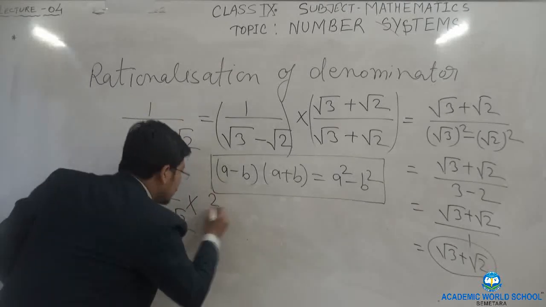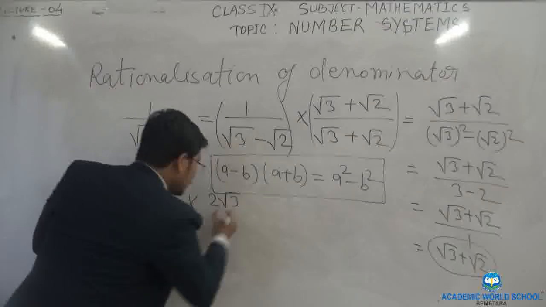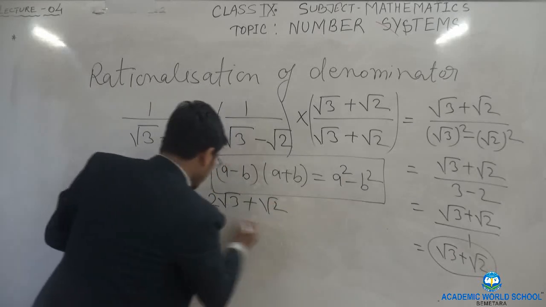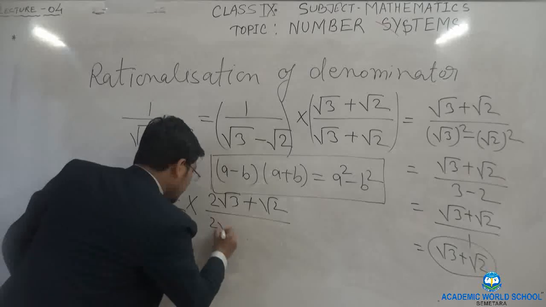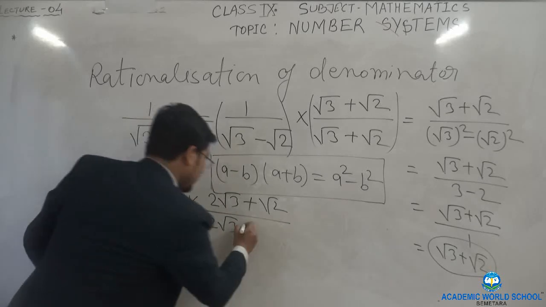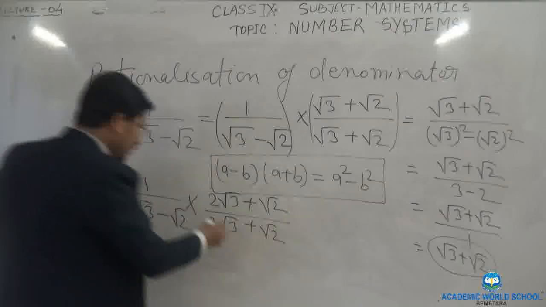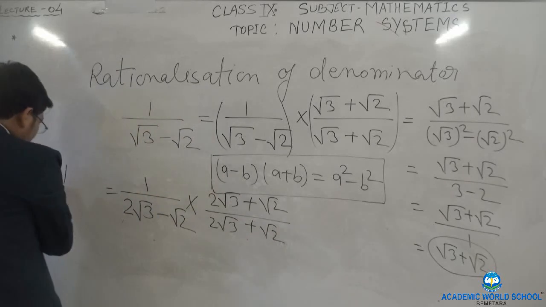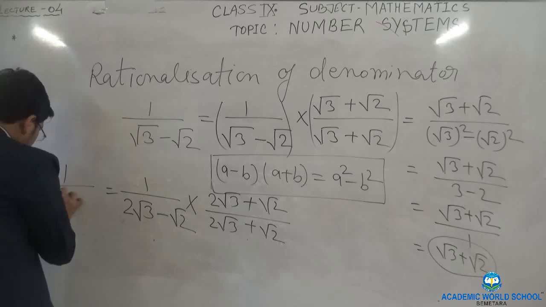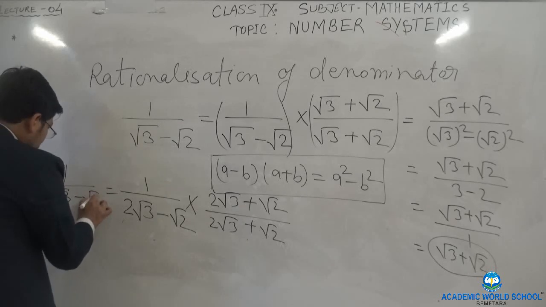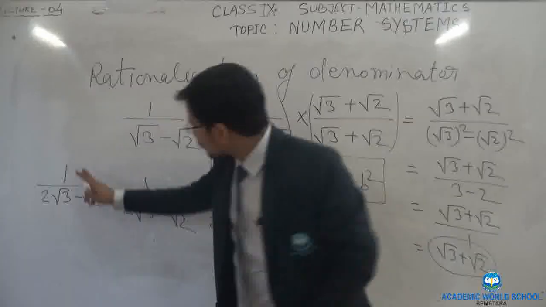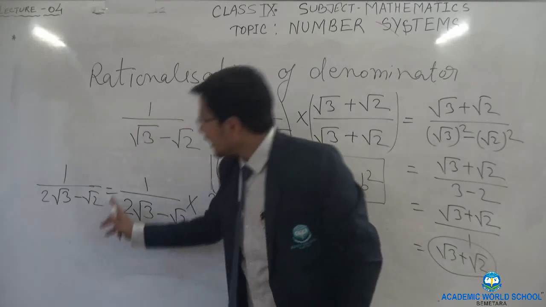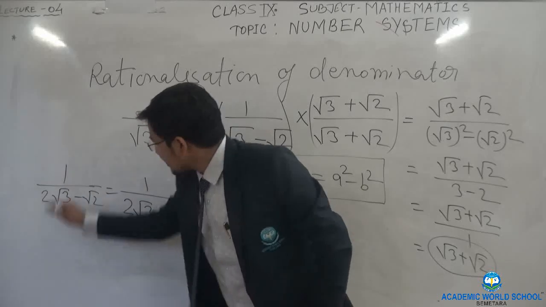So it will become 2 root 3 plus root 2 upon 2 root 3 plus root 2. So in this way we have to rationalize. The question was to rationalize 1 upon 2 root 3 minus root 2.